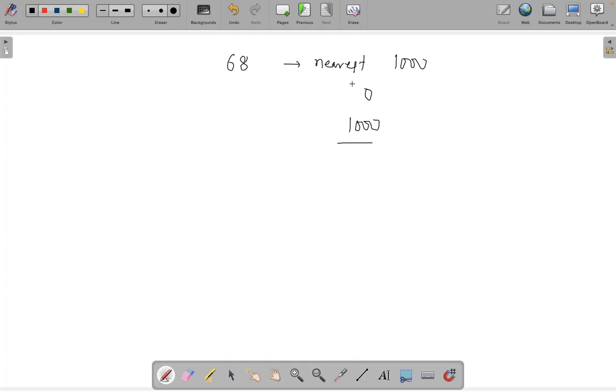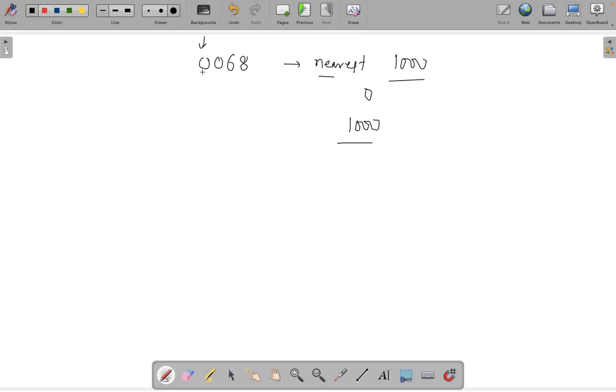When you have to round any number to the nearest 1000, you have to focus at the thousands place, or the thousands digit. Here you have only two digits, ones and tens, so you have to create two more digits, hundreds and thousands. Now this is the thousands digit.